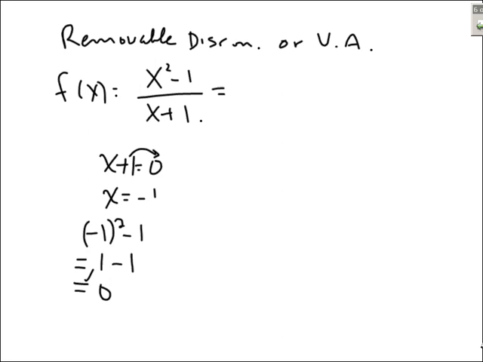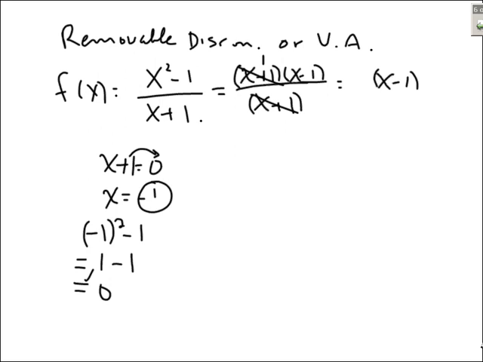That means we don't know what the answer is here. We have to look further. The bottom is x plus 1, and when we factor the top, we get x plus 1 times x minus 1, and we cross off x plus 1 over x plus 1 as if it's 1, and we get x minus 1. Okay? Now, when x is negative 1, this is just negative 2, and that's fine.